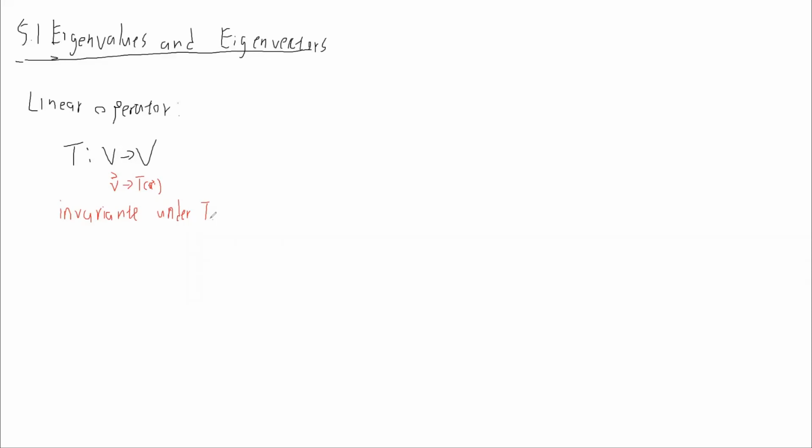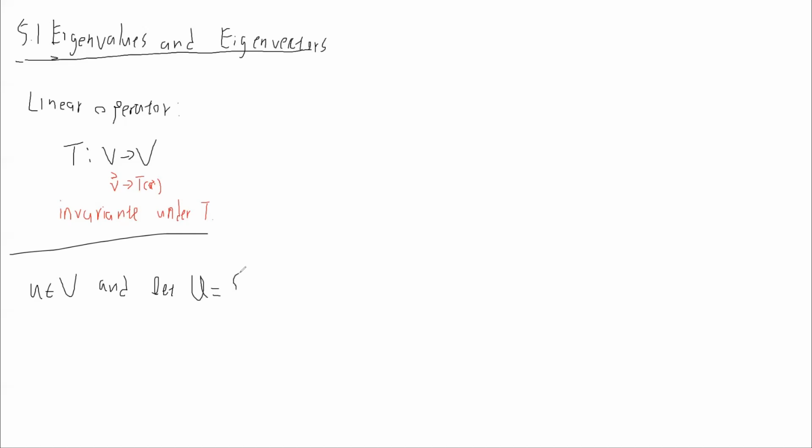How does an operator behave on an invariant subspace of dimension 1? Subspaces of V of dimension 1 are easy to describe. Let's say we take any non-zero vector u in V, and let capital U be the set of all scalar multiples of little u.